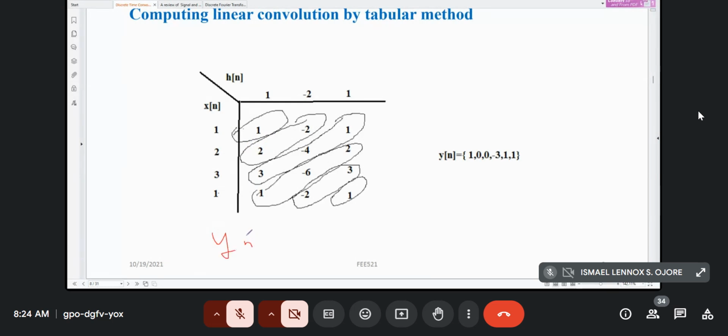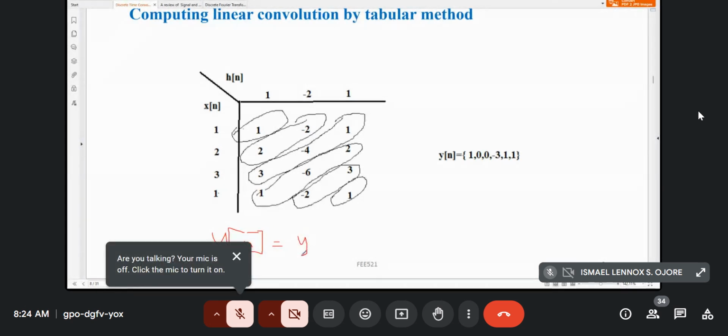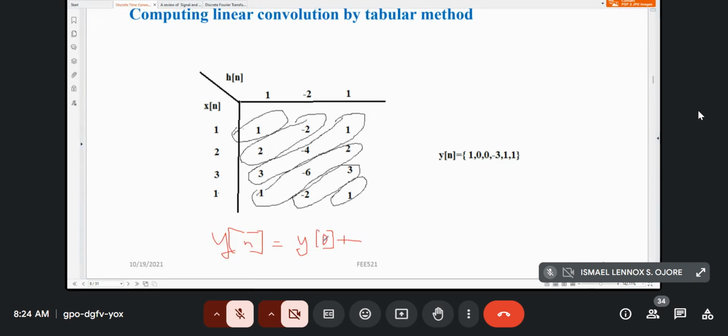Of course, y of n is simply, we know it will be y of 0, because we are starting at 0, n1 plus n2, 0 plus 0, y of 1 plus y of 2 plus y of 3 plus, remember there are supposed to be 6 samples, 1, 2, 3, 4, 5, y of 4 plus y of 5.